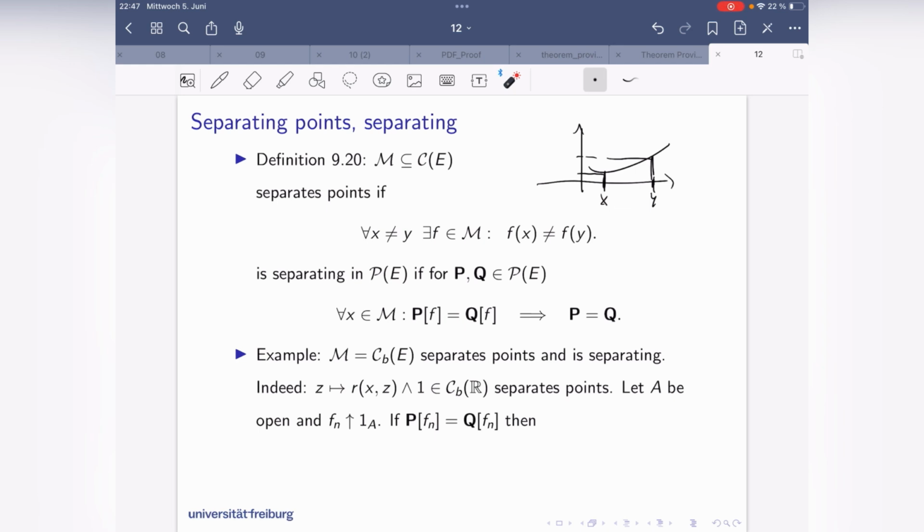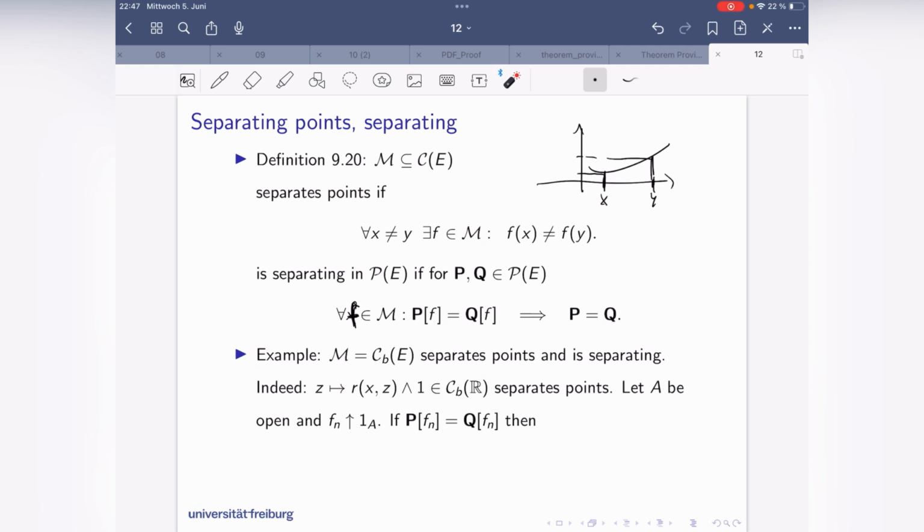And separating has something to do with measures. So we say it's separating in the set of probability measures on our space E if and only if you take two probability measures p and q, and for all functions f in this class the integrals with respect to p and q are the same, then you already know that p and q are the same.